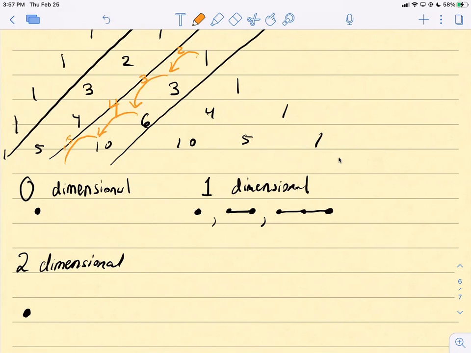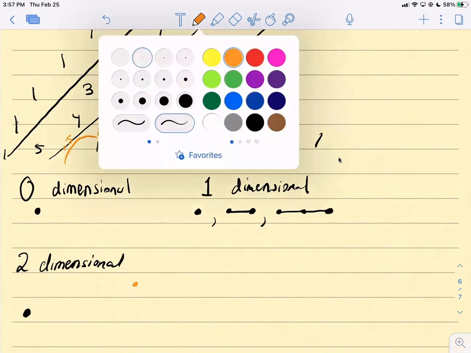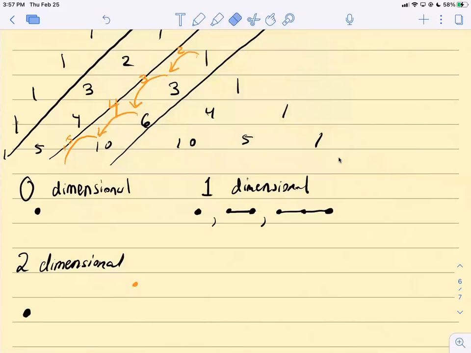So a 2-dimensional way of interpreting those numbers is as dots that form parts of a triangle. So 1, 3. And if you make it a little bigger, you have to add a new base.